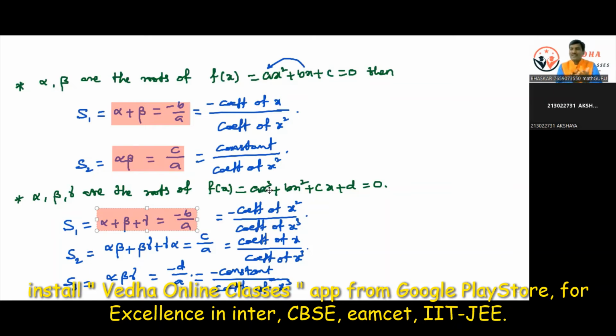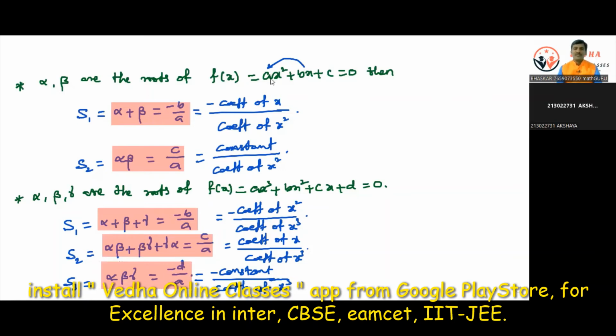The signs go negative, positive, negative. For S2, alpha beta plus beta gamma plus gamma alpha is equal to c by a. The product of all three, alpha beta gamma, is equal to minus d by a. This is for the cubic equation.